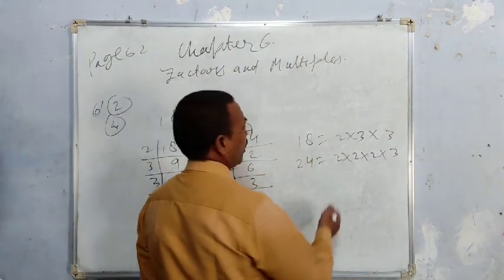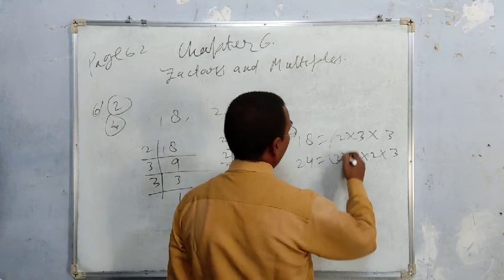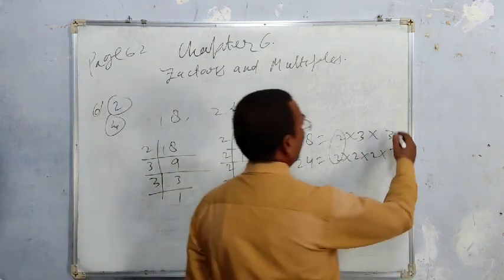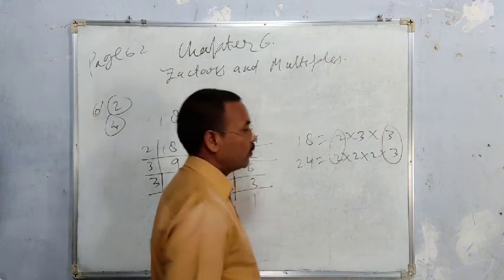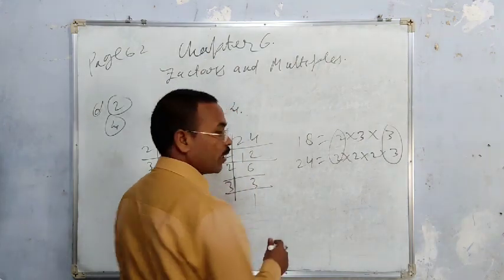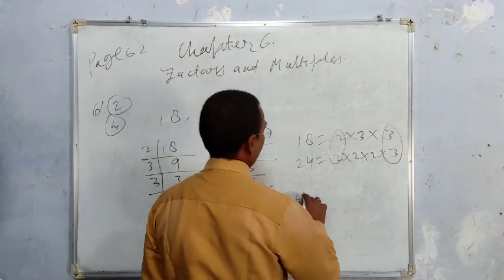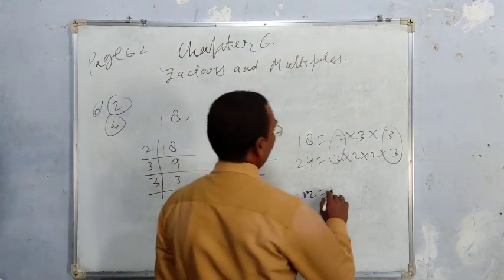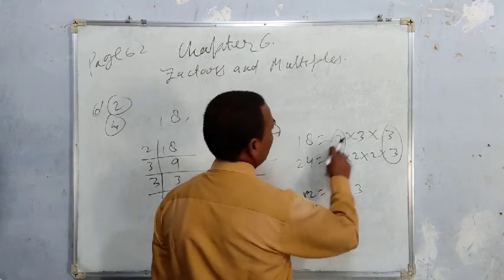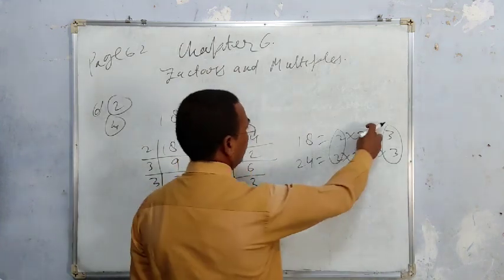Then you select the common factors. One pair of 2 is common and one pair of 3 is common. So you have to multiply the common and non-common pairs. LCM: here 2 multiply 3, these both are common. And what is left out here?